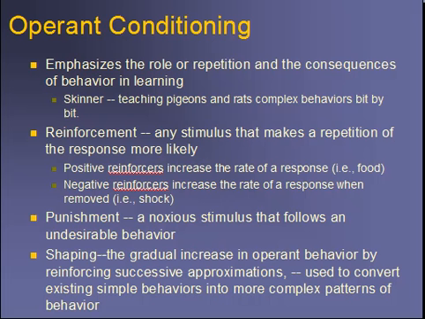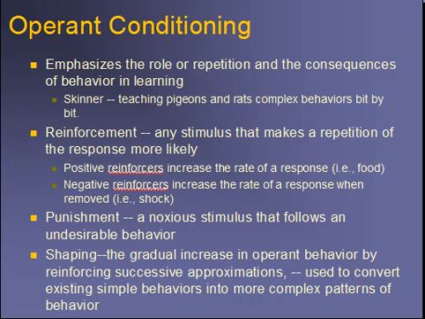Shaping is the use of these different ideas to gradually increase a behavior by reinforcing successive approximations. So shaping is the idea of giving reinforcement bit by bit until you see the kind of response you want. So, if I want you to learn something like multiplication, I might start by giving you reinforcement for being able to add.